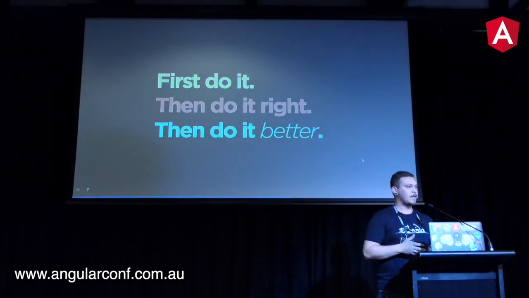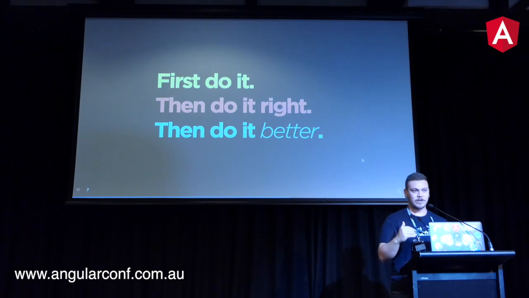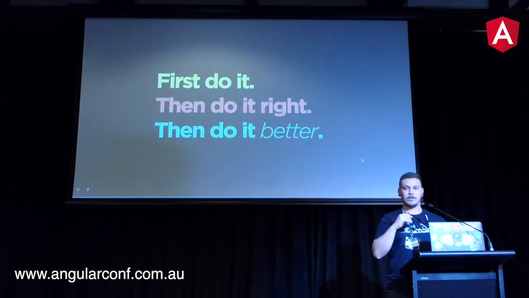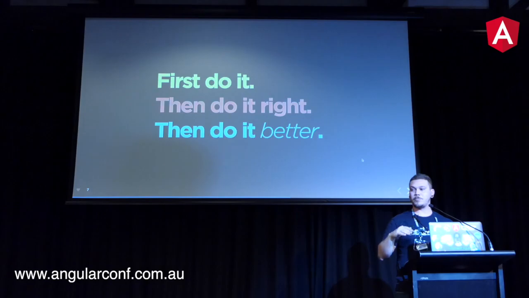Another thing, we also want to have the best code ever, the most performant one, the most beneficial one, but there's a really, really small concept called: first do it. After that, do it right, and do it better. That means you always need to think about how to improve your application.